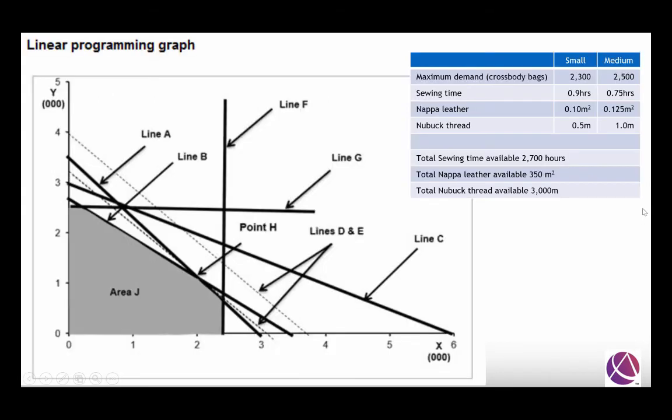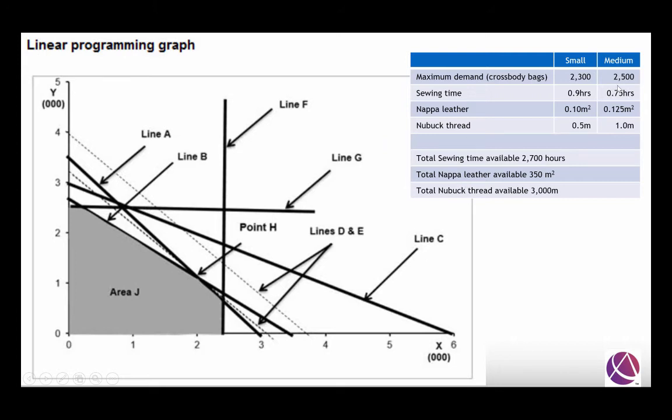Here is the linear programming for R1. We've been told that there's a maximum demand for small bags, and there's been a maximum demand for the medium-sized bags, and the sewing time, nappa leather, presumably the leather that we use to make the bags with, and the nubuck thread, presumably the thread that we use to sew up the bags. And again, we've got these limiting factors.